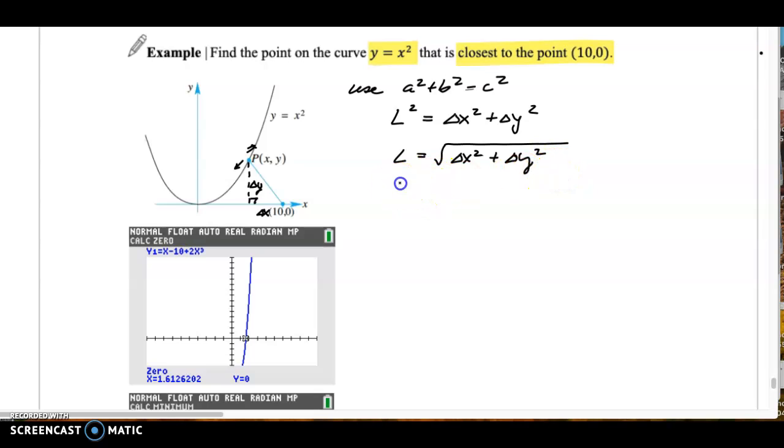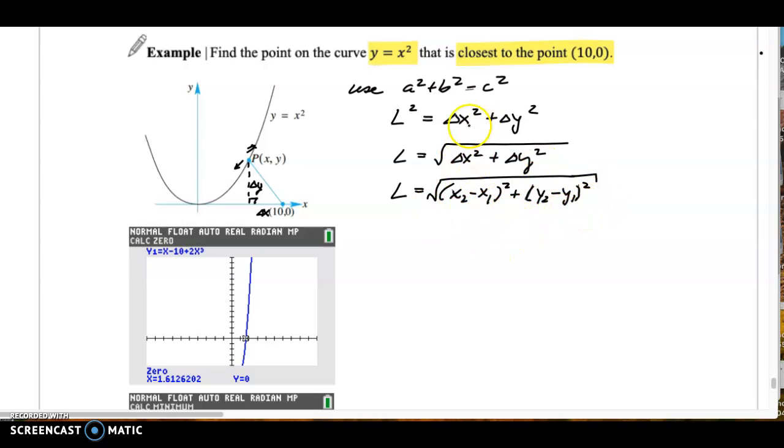This is going to be L is equal to the square root of (x2 minus x1) squared plus (y2 minus y1) squared. There we go.